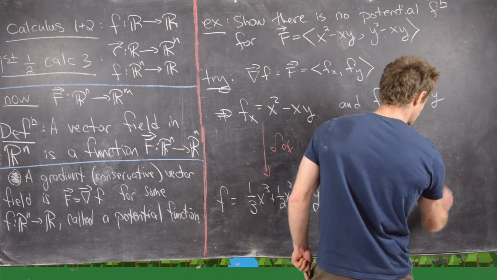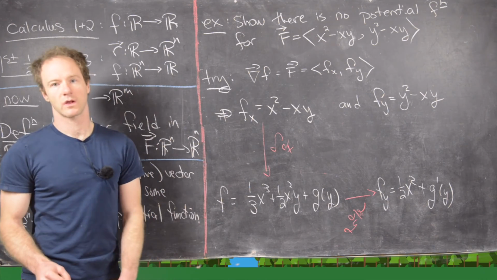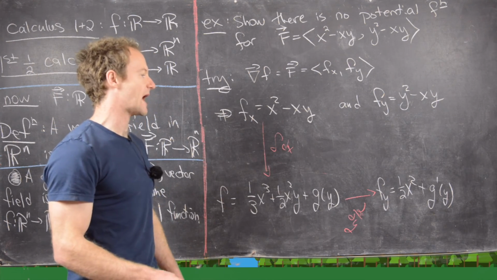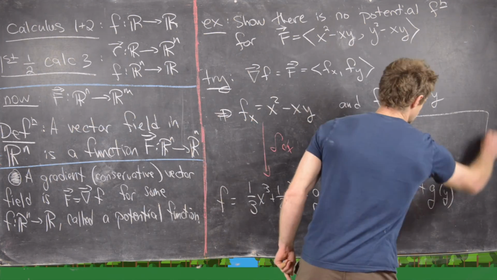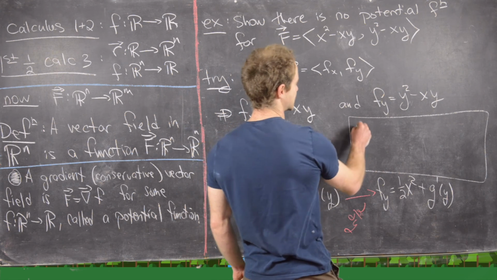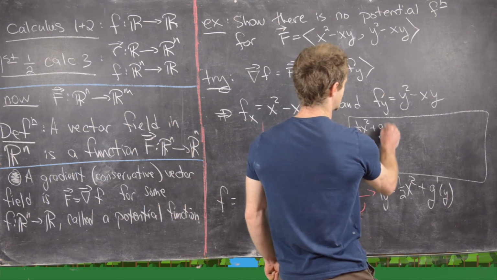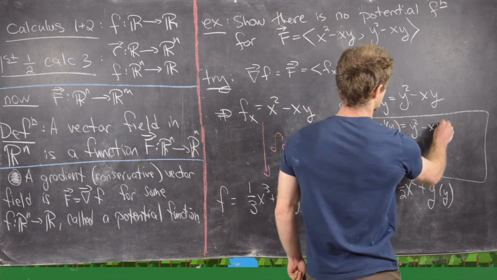So plus g prime of y. Okay, great. But now let's compare both sides of this equation. Comparing both sides, that tells us that 1/2 x squared plus g prime of y equals y squared minus xy.